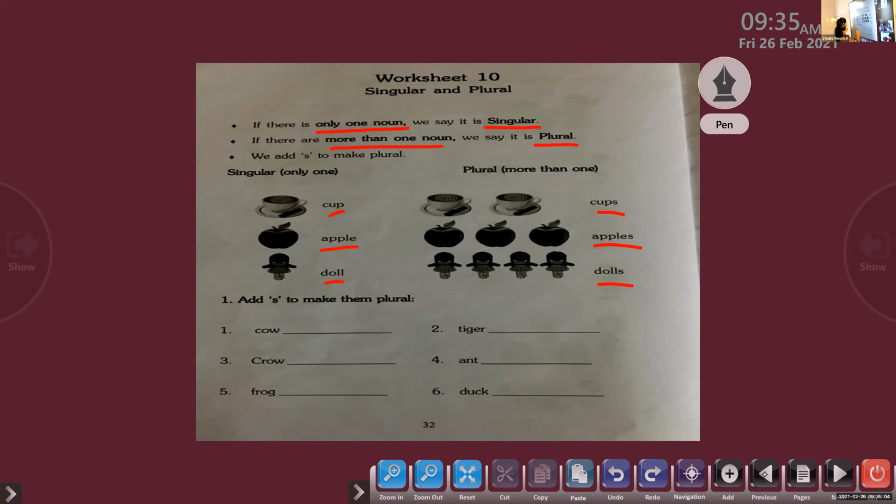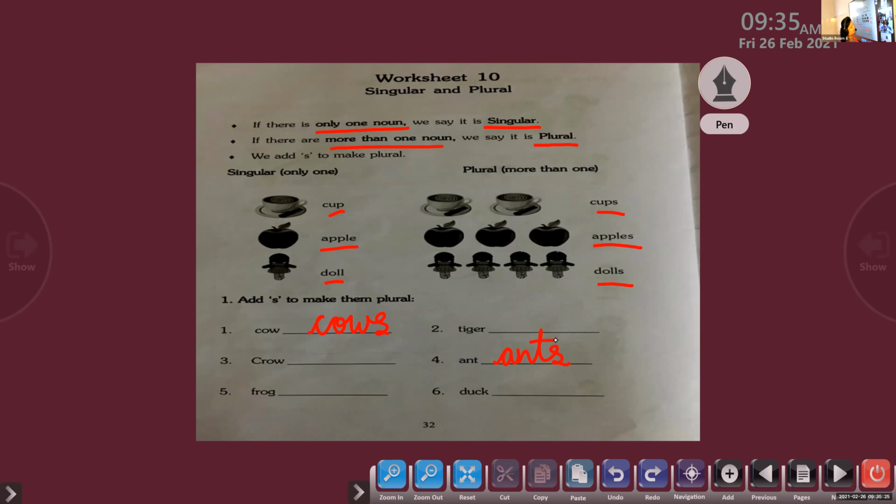Cow. Spelling. COWS. Okay, very good. Thank you. Tom Saji, try number 4. ANT. Spelling. ANTS. Okay, very good, Tom.